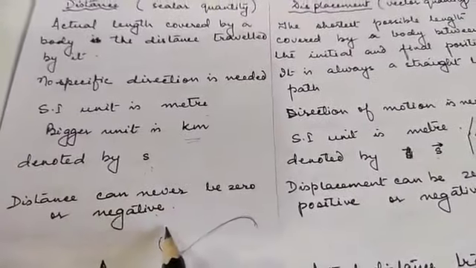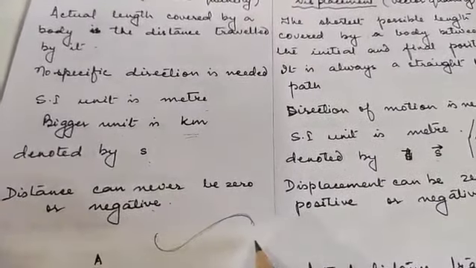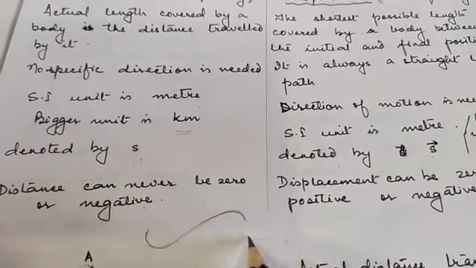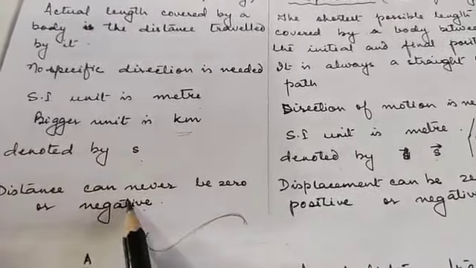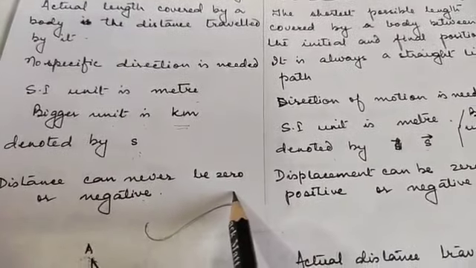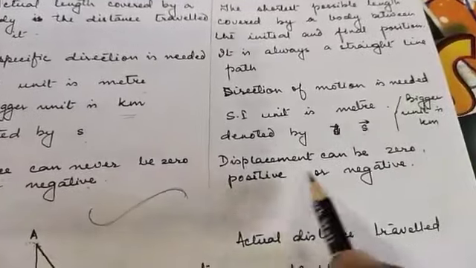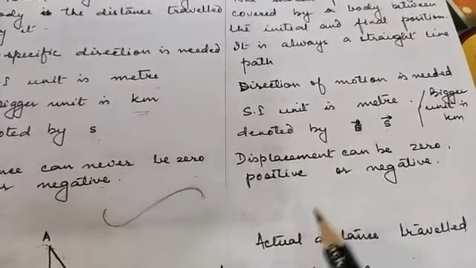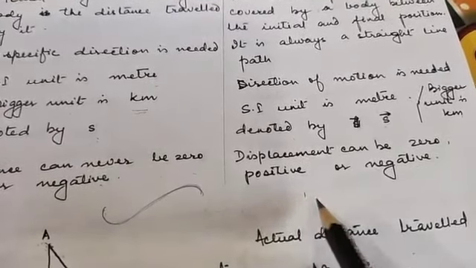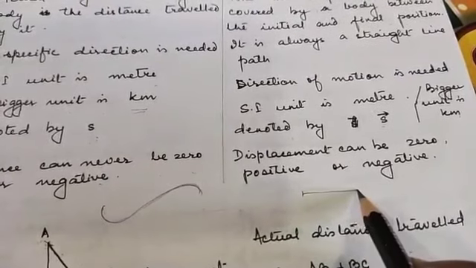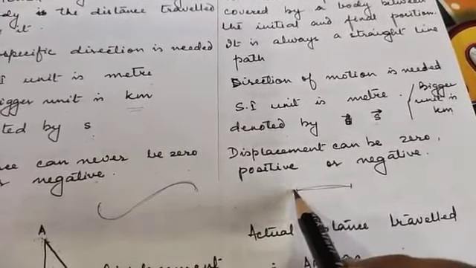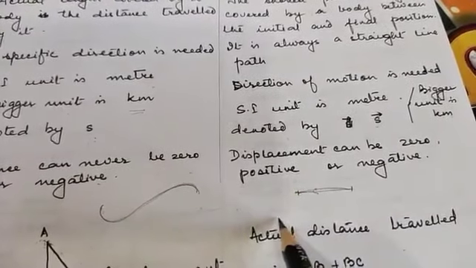And distance can never be 0 or negative, because any movement of the body in any direction has some length, so distance can never be 0. But displacement can be 0, positive or negative. How? Suppose I am standing over here and I walk till here, and then again I return to my initial position.